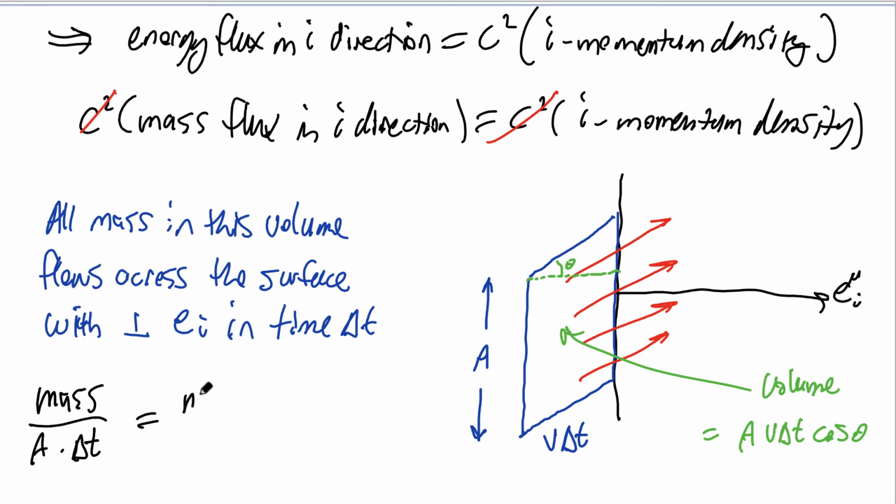So this is equal to the mass times v times cosine theta divided by the volume. And this is just the ith component, so the cosine theta picks out the ith component of the momentum, the relativistic mass times the velocity as seen by the observer. So this is just the I component of momentum per unit volume. It's the I momentum density.